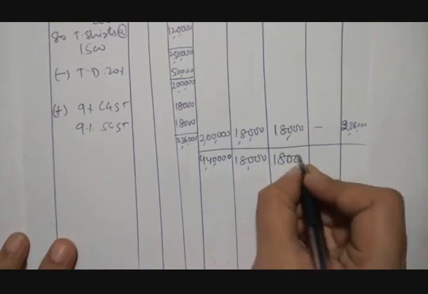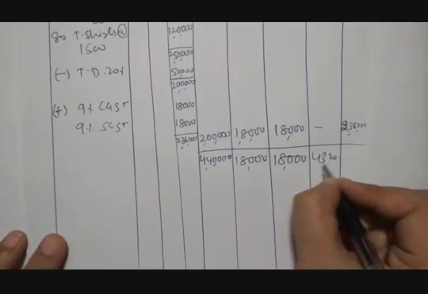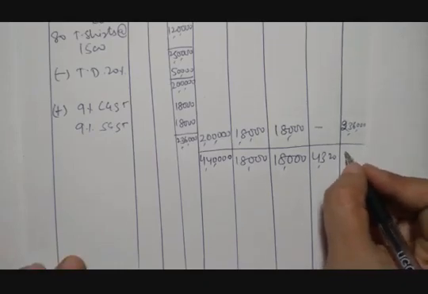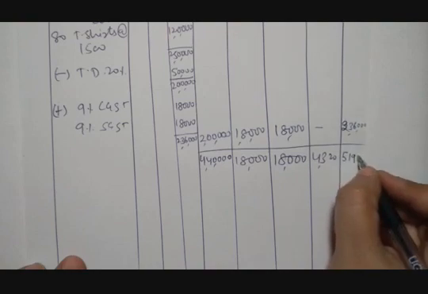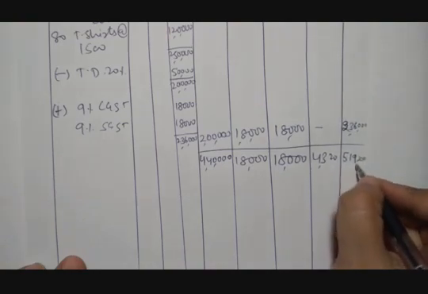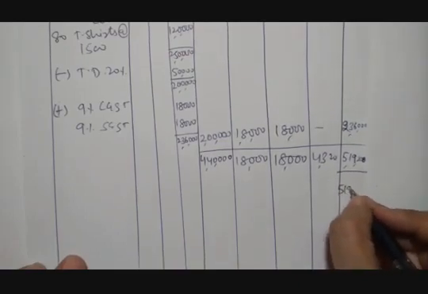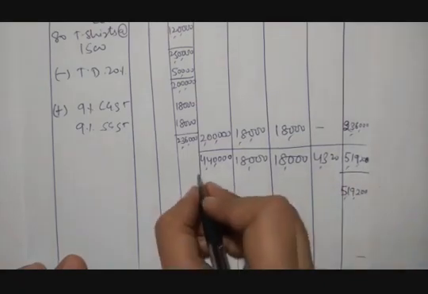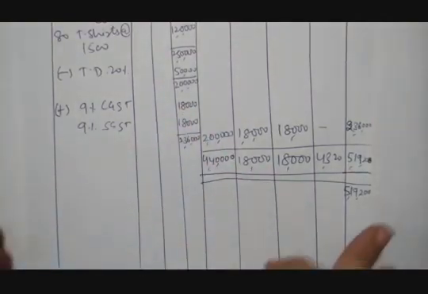Input SGST also 18,000 and IGST 4,320. And here under the total column we will write 5,19,200. Fine beta. It will be 5,19,200. So this is the total of all the columns. Now our purchase book is over.